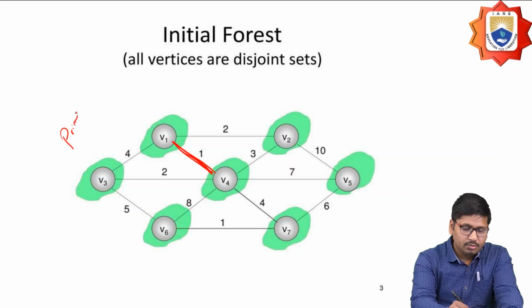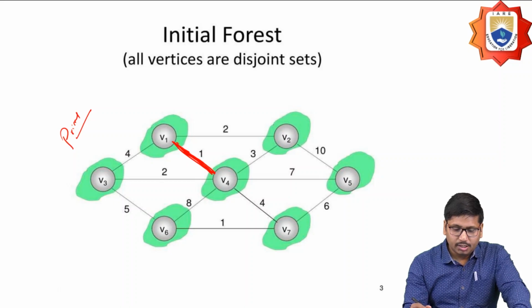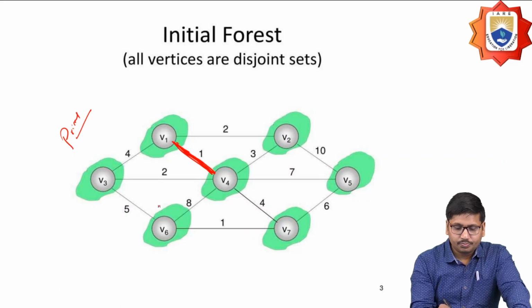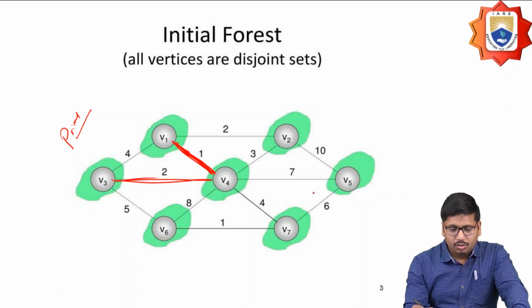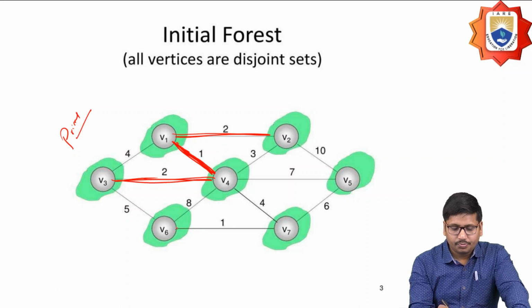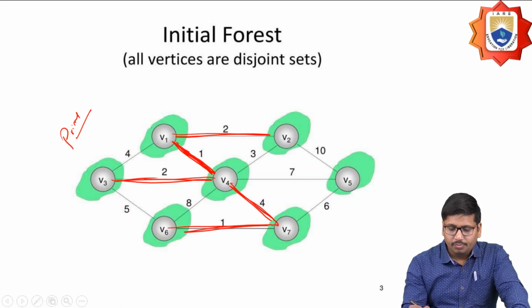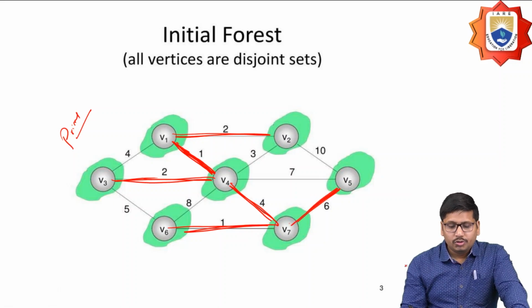According to Prim's, once this one is selected, the next weight I can select is 2, and next this one, 2, and next I can select 4, 1, and from this the next one is 6. Like this I'm going to select it.